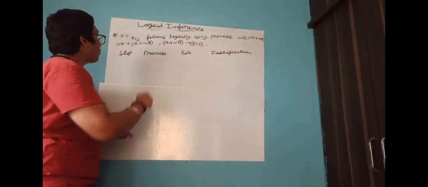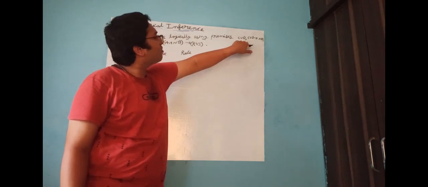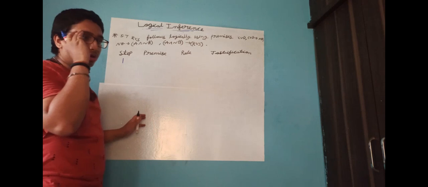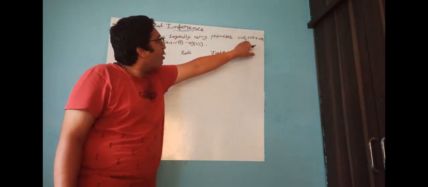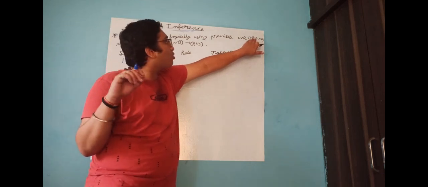Now step 1. I am introducing one more thing: you can introduce the premises in any order you want. For example, I won't take them in order, I will take them randomly so that you understand how to solve it.